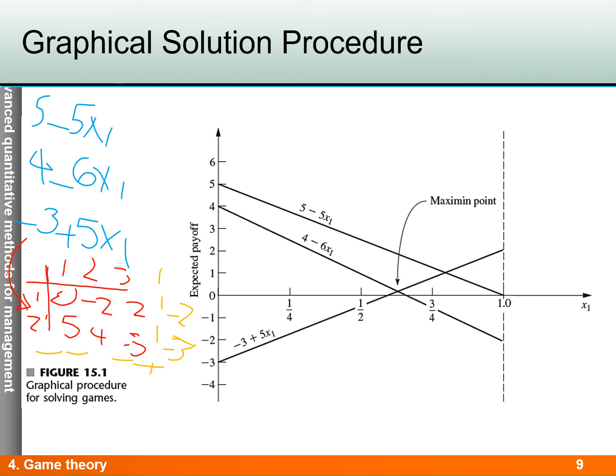Why? Because we are solving from the point of view of player one. To this end, when we are talking about minimums, we need to start from the points that are minimum. Between minus 3 and minus 2, which one is the smaller one? Minus 3.